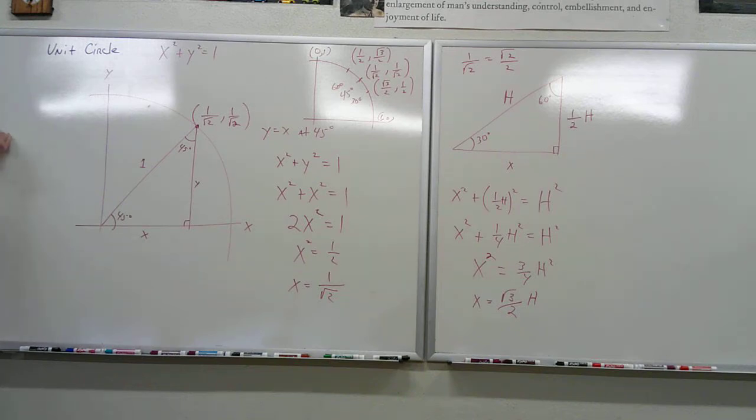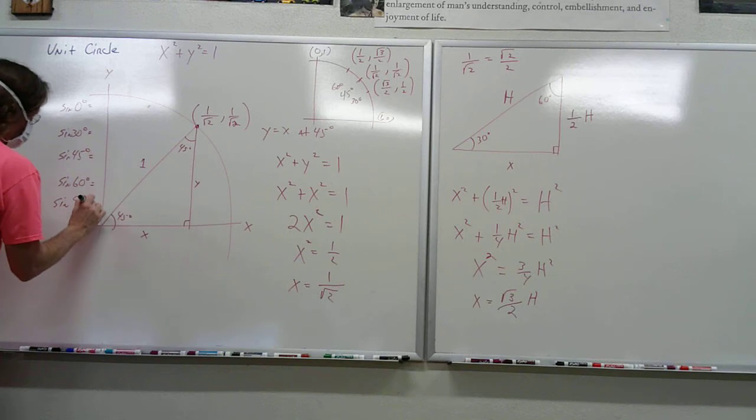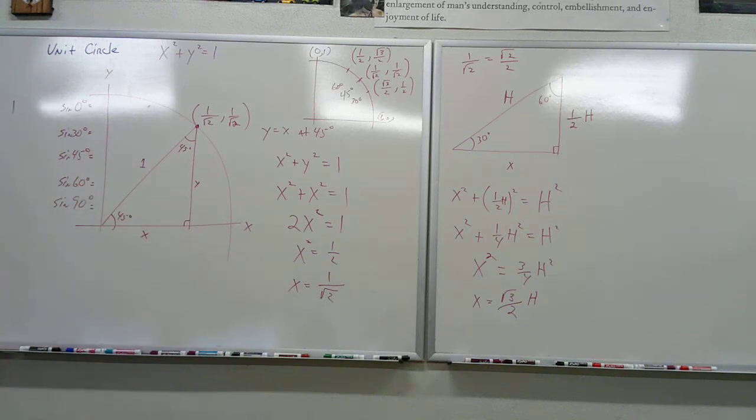The first one is 1. Okay? Oh, and while you're doing this, some other group do sine of 0 degrees, sine of 30 degrees, sine of 45 degrees, sine of 60 degrees, and sine of 90 degrees. And the man's already told me that that one was what? 1. Okay? What's 30? 0.866.